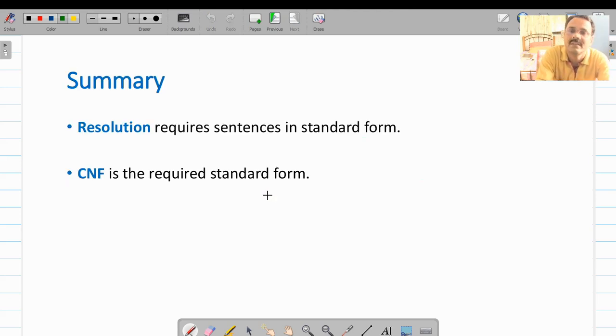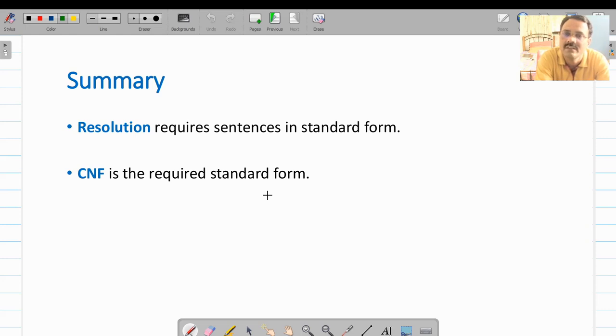So let us summarize what we have discussed today. We have discussed the resolution procedure, which is a procedure of inference that requires your statements in standard form, so that there will not be a problem when you resolve two clauses together.